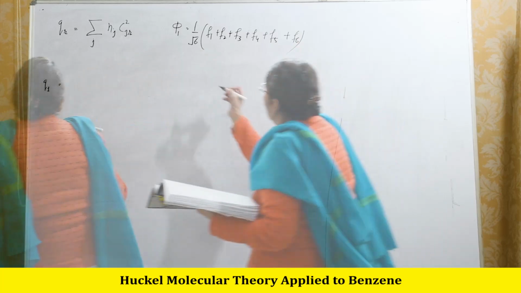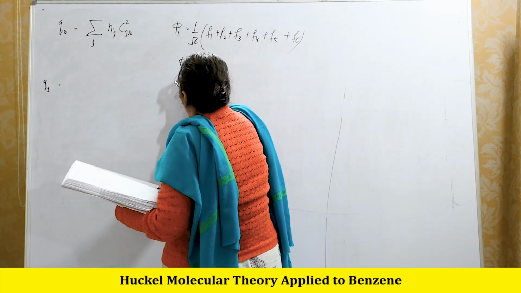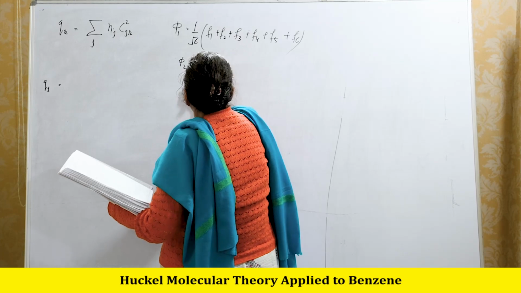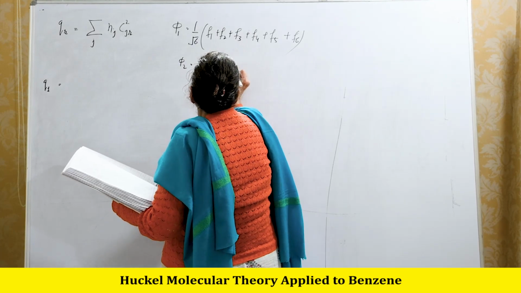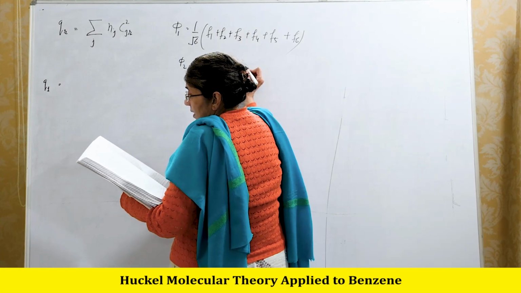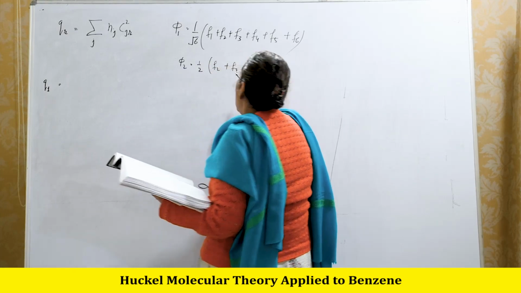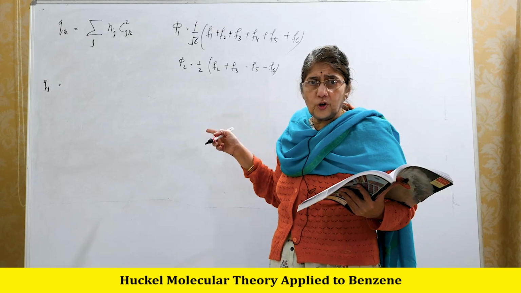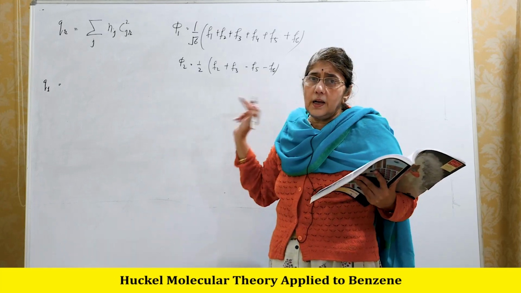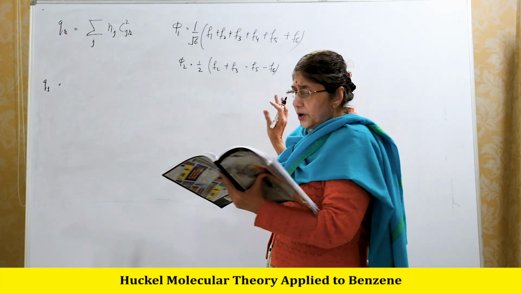This is phi 2 is equal to 1 by 2 (F2 plus F3 minus F5 minus F6). I will write only 3 molecular orbitals because electrons are there only in bonding orbitals.